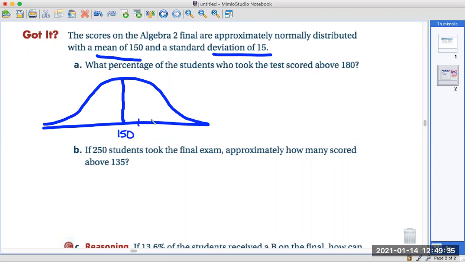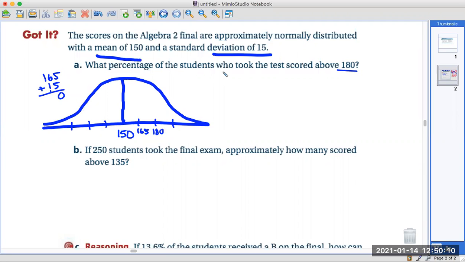We're going up 1, 2, 3 standard deviations and down 1, 2, 3. It's always 3 standard deviations up or down. If I go up 15 from 150, I end up at 165. Then adding 15 again, I end up at 180. And that's where I want to be.